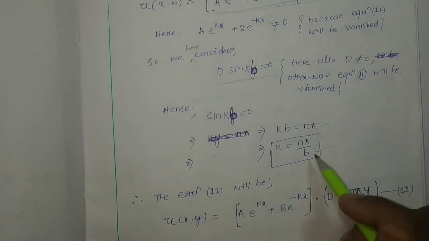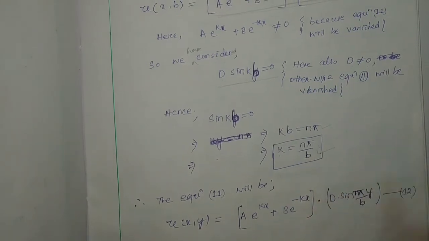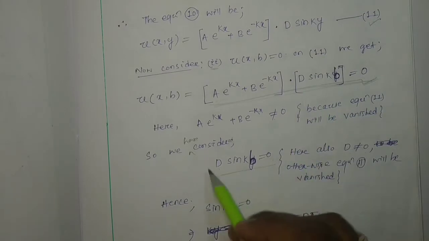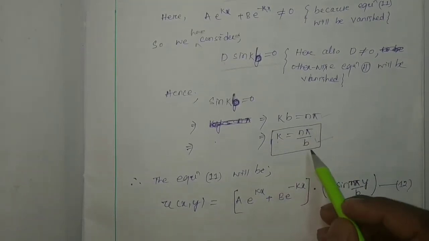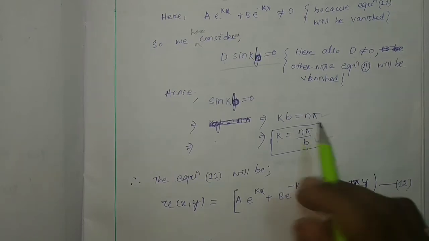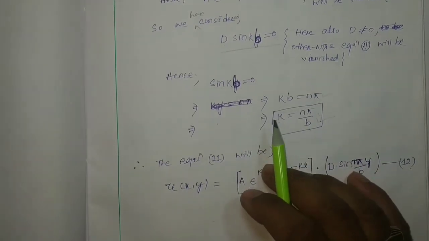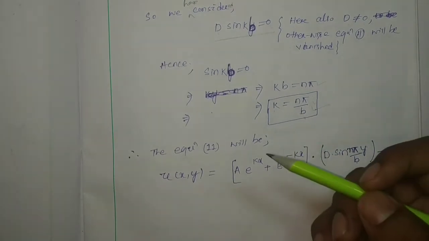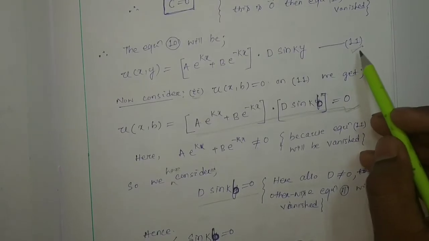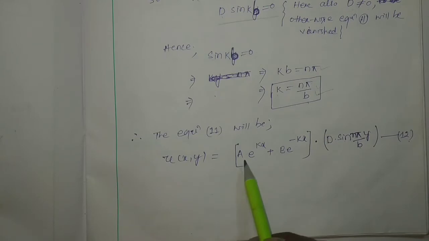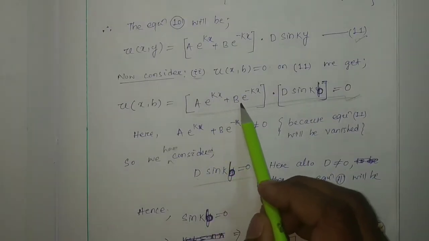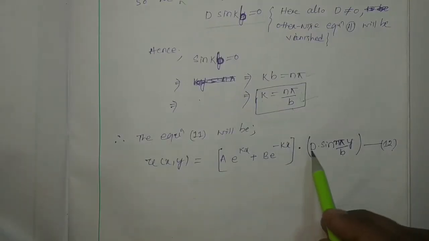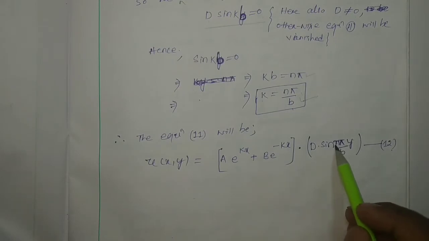What I told is that this is going to be considered as 0 with some condition, that is k equal to n pi by b, right? Now if we consider this, then the modified general solution, or modified equation number 11, will be u(x,y) equal to a e to the kx plus b e to the minus kx, into d sin n pi y by b.